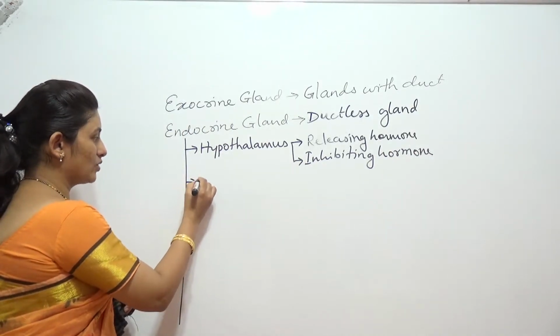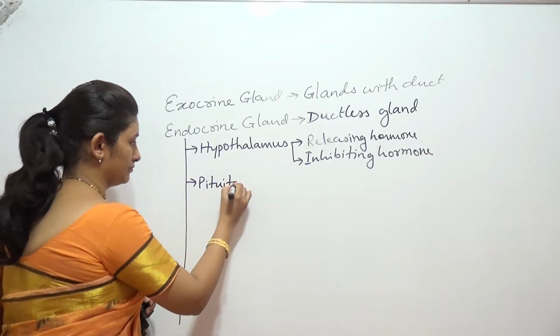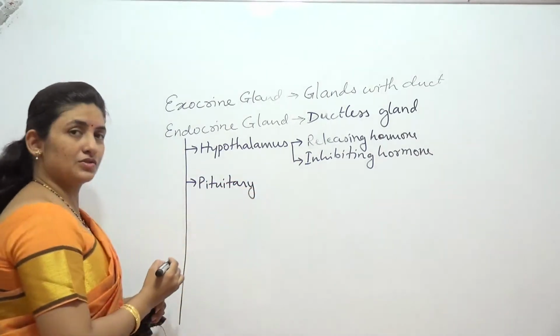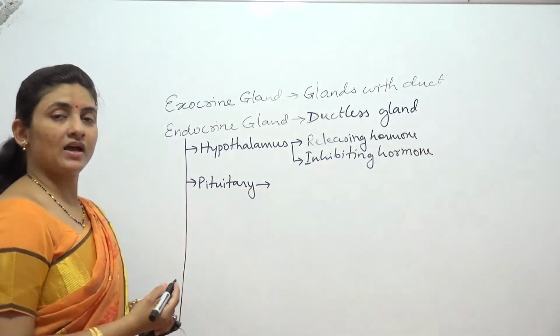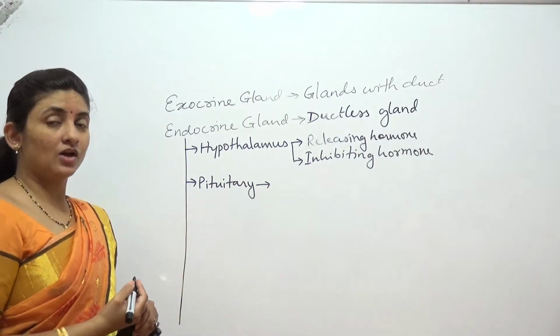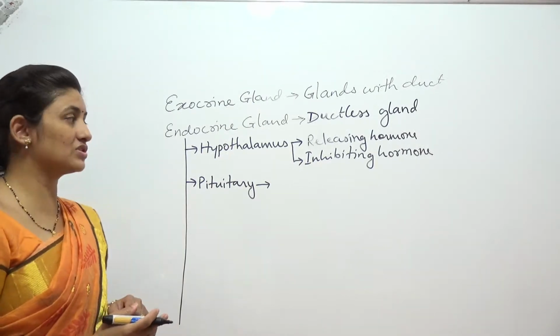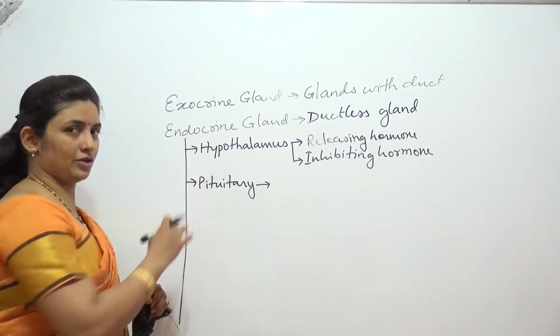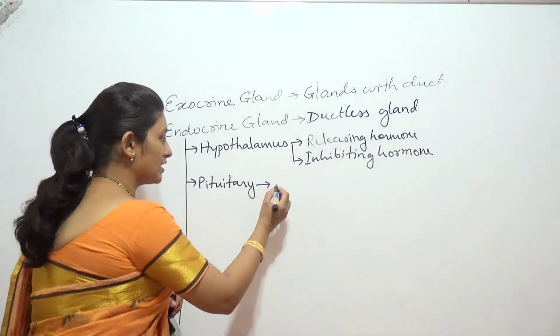Next, we came across the pituitary gland. This pituitary gland is located below the hypothalamus, and it is called the master gland, which controls the secretions of the rest of the hormones secreted by other endocrine glands.